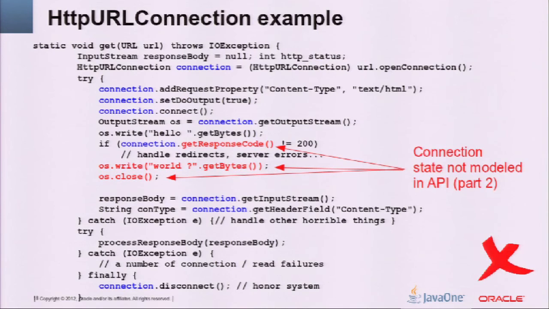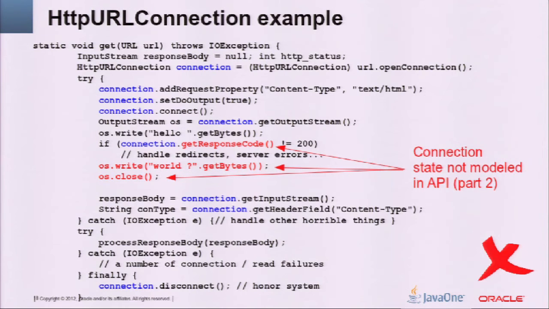And then equally, calling getResponseCode, for example, on the connection, once the request has been committed, will actually block until the response headers are read. By which time, if you're still in the middle of writing to the request body, it's too late.